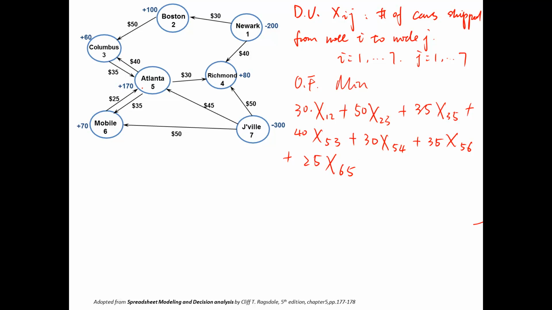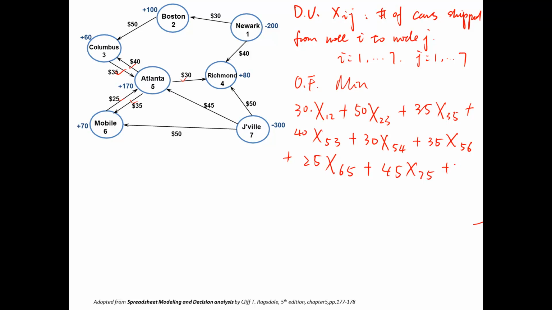Yeah, let me just check all the ones that are included. This one, this one. Now 25, plus, and the 3, 5. This one is done too. Okay, so 45 x75.